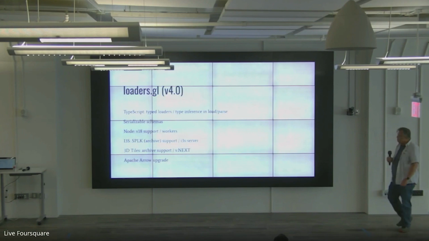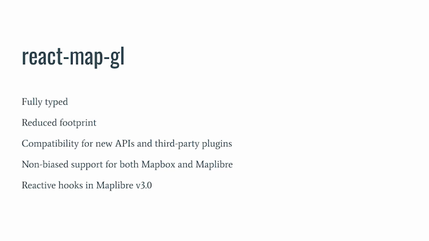On the React Map.gl side, the code base is now fully typed, and all the types can be imported. In v7.0, we shipped a new version with reduced footprint, so it's now a very thin wrapper around Mapbox or MapLibre.